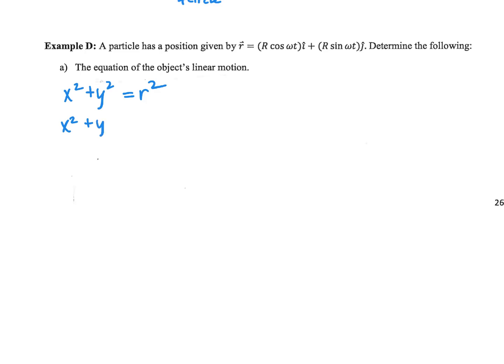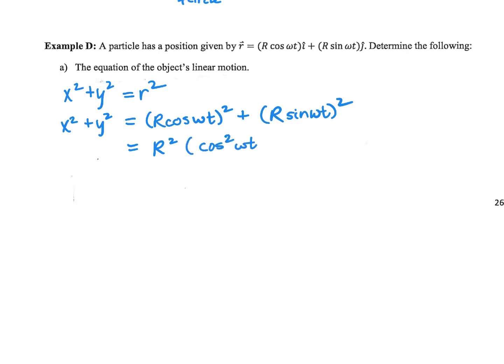x squared plus y squared is equal to the i component squared and the j component squared. So r cosine omega t squared plus r sine omega t squared. If we pull that out, we get r squared times cosine squared plus sine squared, which is 1, isn't it?